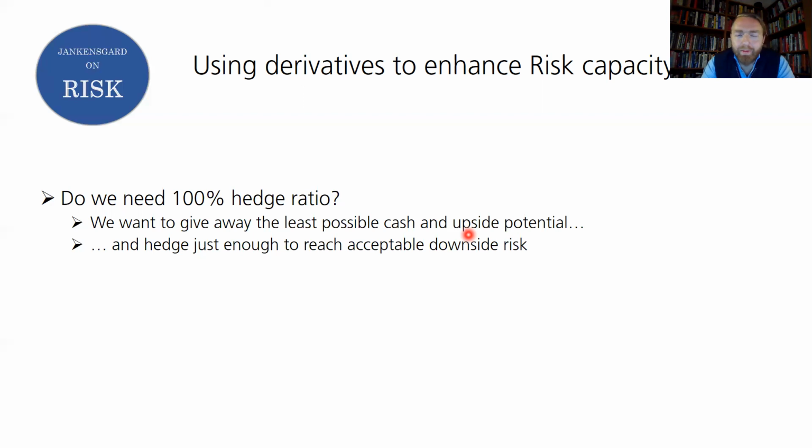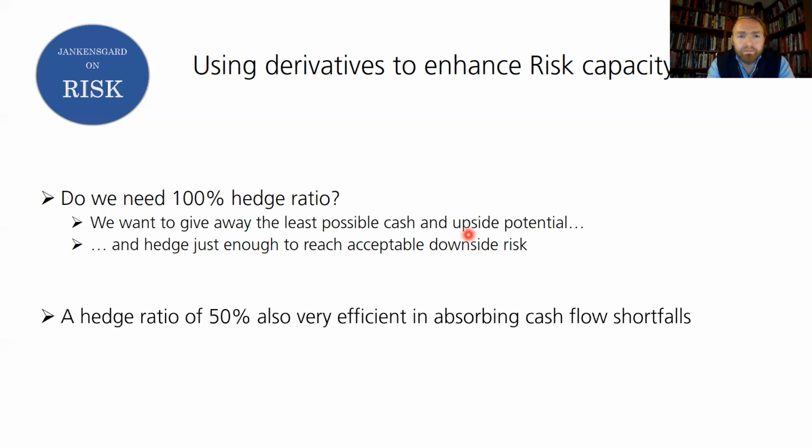We want to keep the upside potential to the extent possible, right? So the goal becomes to hedge the least possible while still taking care of the downside risk. And we're saying, well, let's explore then if we can achieve an acceptable risk reduction with a lower hedge ratio.